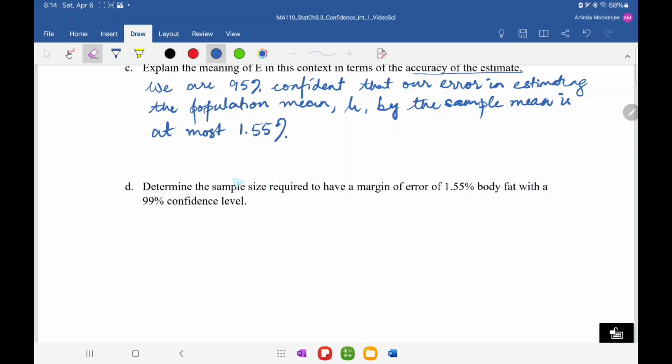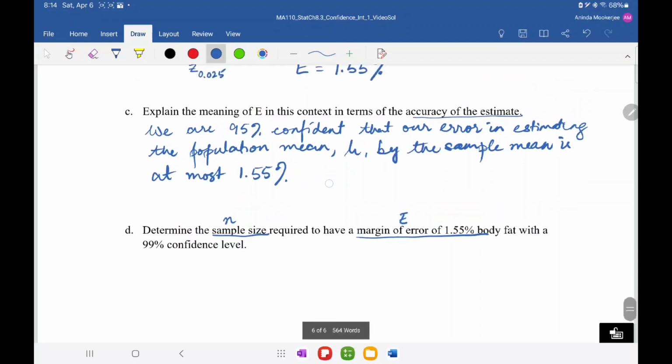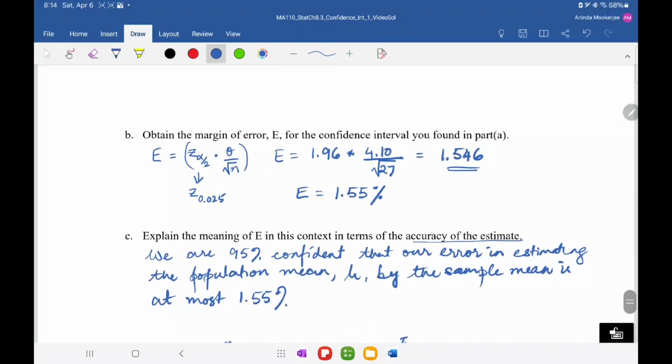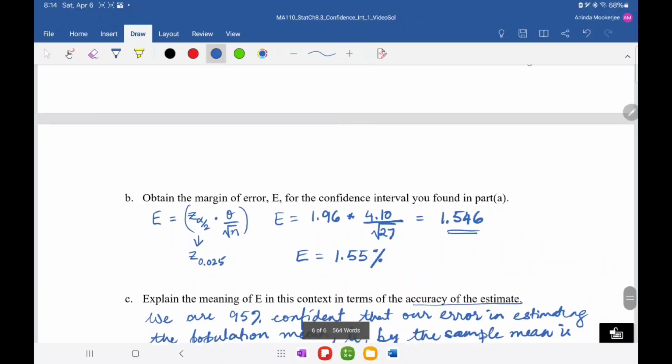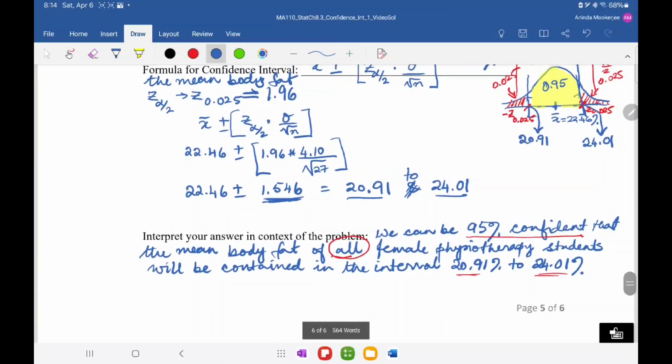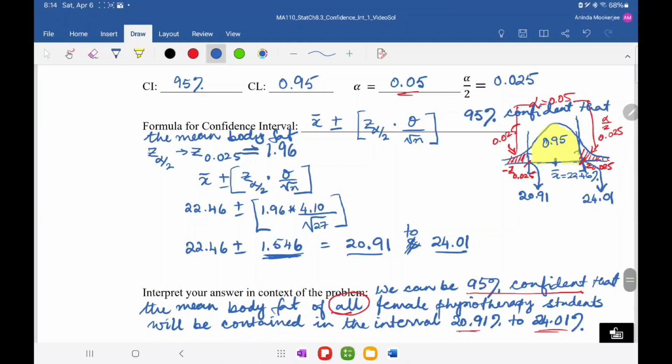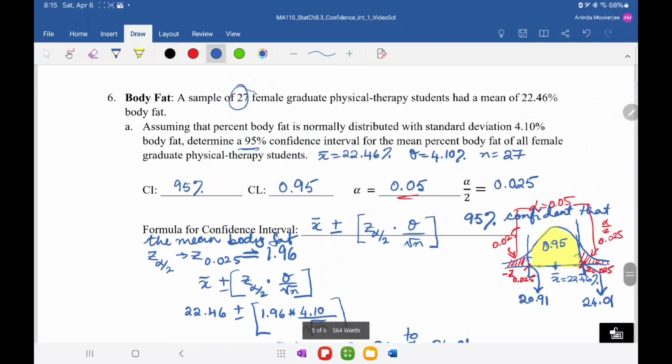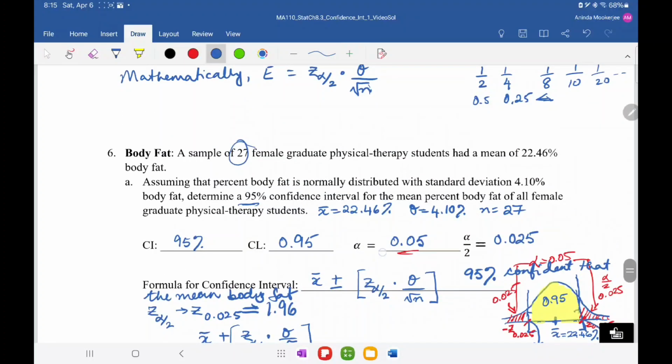All right, so this time we are being asked to find n, which is the sample size, using the same margin of error that we used previously. 1.55% was the margin of error we found when we came up with the confidence interval of the body fat percentage question, right?